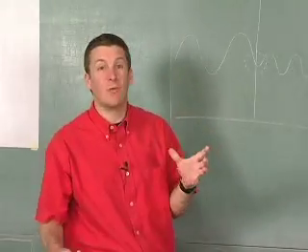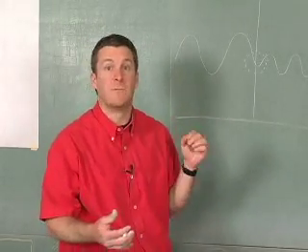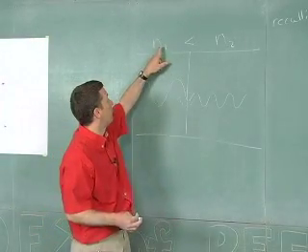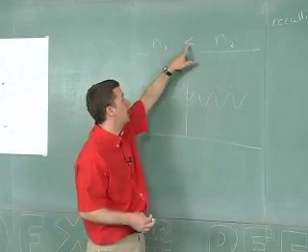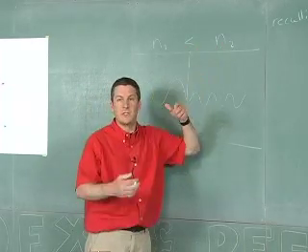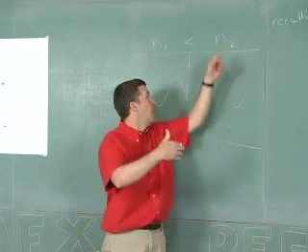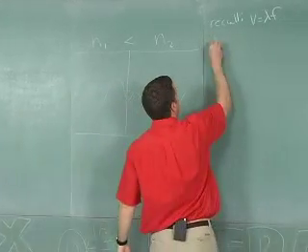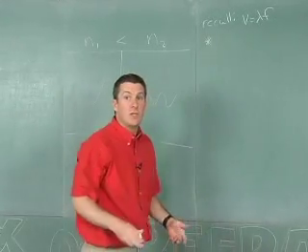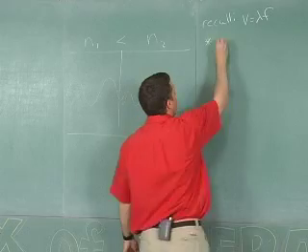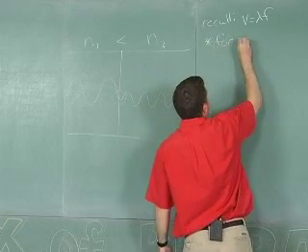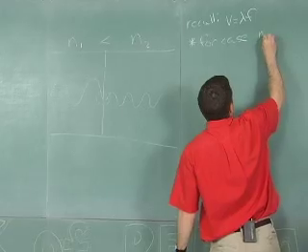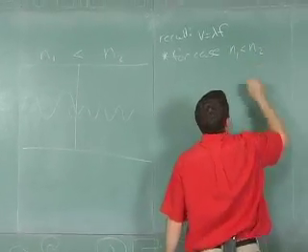Now, everything that we're going to produce right here is for one particular case, and that case is for n1 being less than n2. Of course, everything we talk about will be reversed if n2 is less than n1. Okay, so I just want to make note that everything we do is for the case of n1 less than n2.